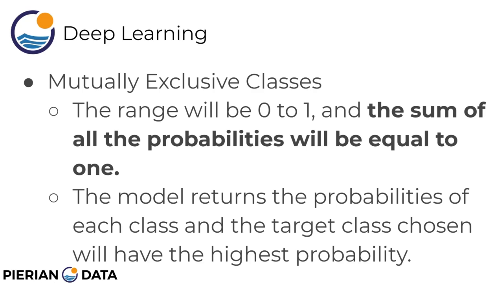That means in that output layer, when you're passing through the softmax function, the sum of all the probabilities in that output layer is equal to 1. Since the model returns the probabilities of each class, the target class is chosen by the neuron that has the highest probability.